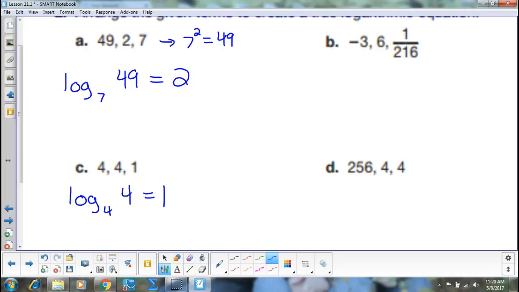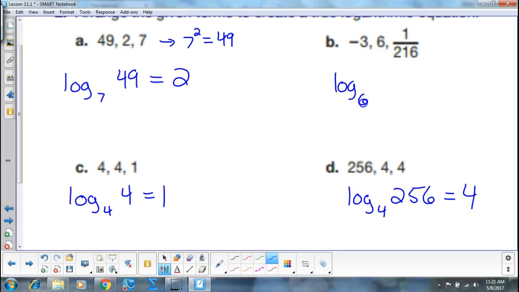Which one would you like to do? I can do D. D? Okay. Log base 4 of 256 equals 4. Love it. Okay. Luke? For D, log base 6 of 1 over 216 equals -3. Fantastic. Good job.